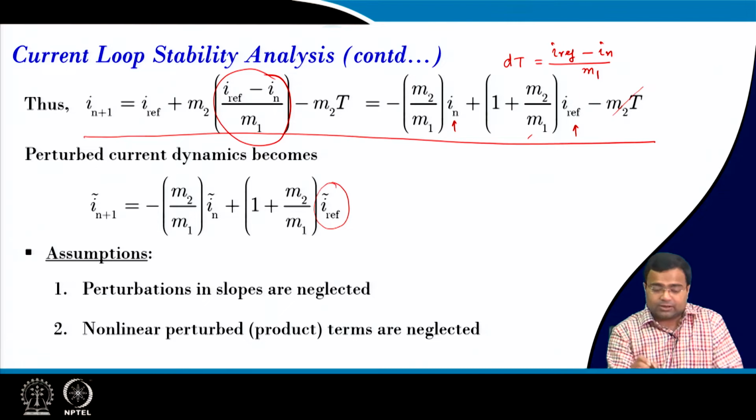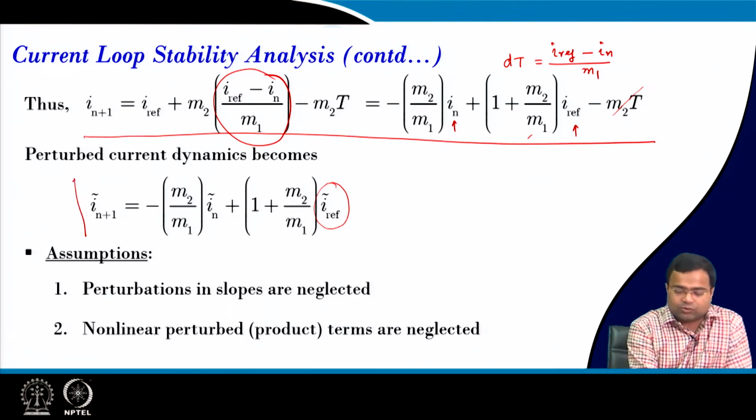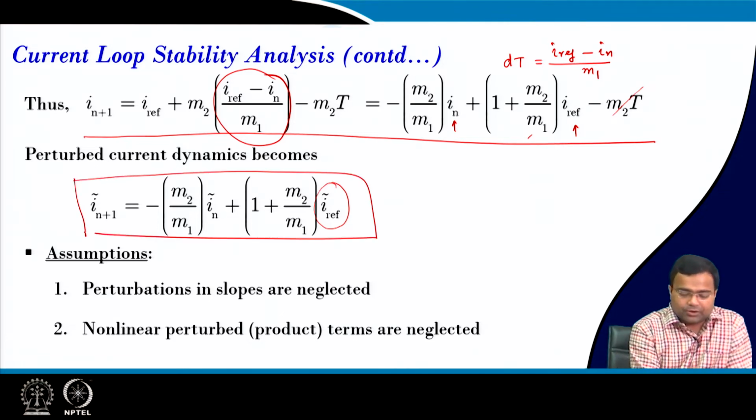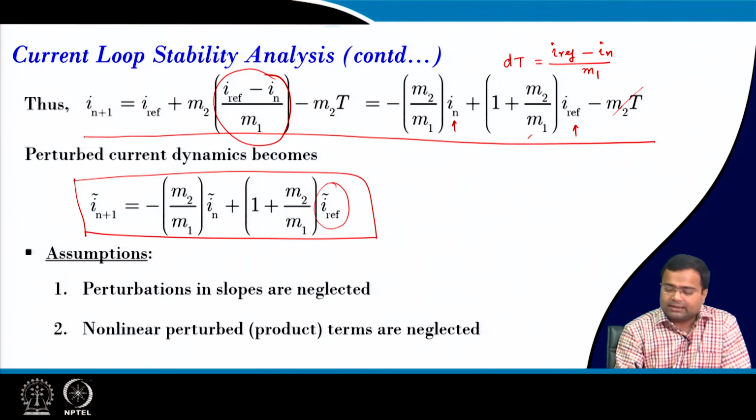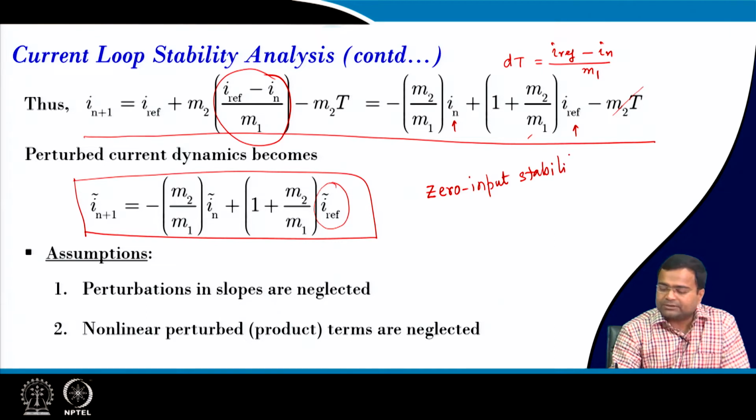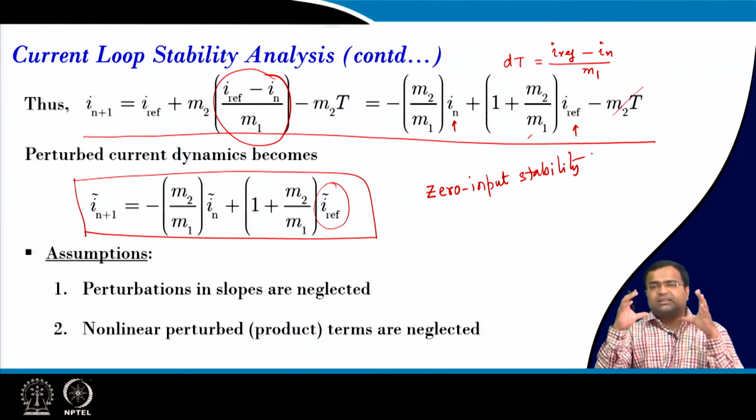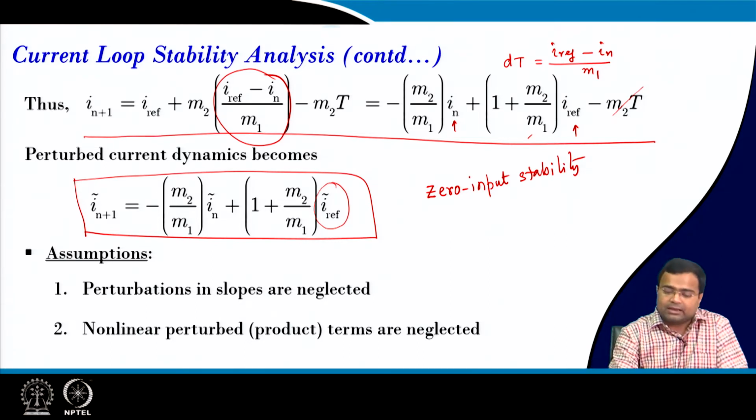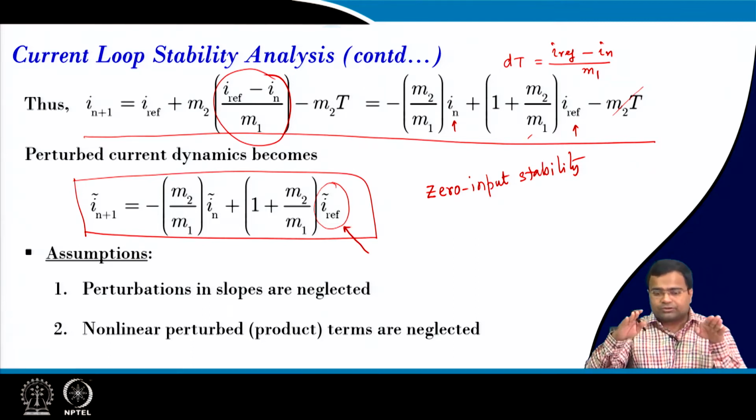So for this equation there are two terms that will come out. One is zero input stability. What does it mean? Under zero input stability, the perturbation of the input is 0. Here the control input is my reference current, because the current loop is closed and Iref is my control variable.